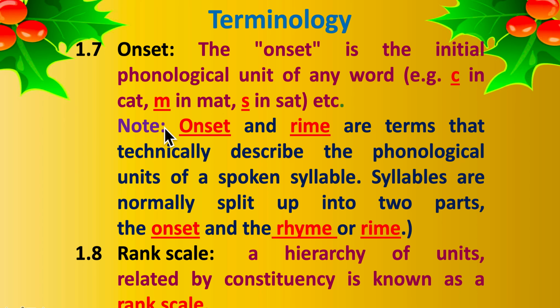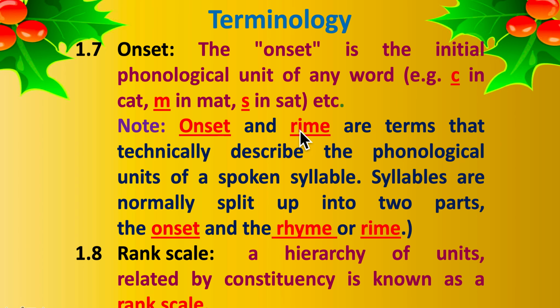Anyway, further we have a note. Note means the important point to keep in mind. This is just for understanding. Onset and rhyme. This rhyme is sometimes spelled RHYME or sometimes spelled RIME. So both are the same, no problem.